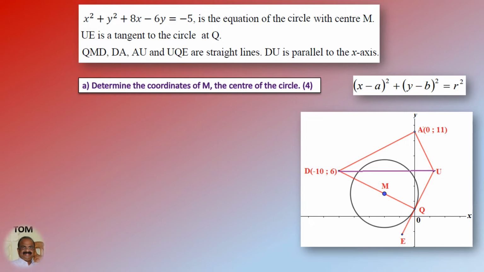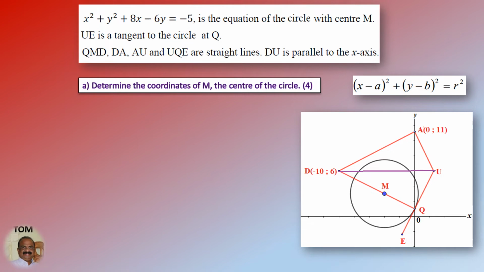Here we are going to use the method of completing the square. x square plus y square plus 8x minus 6y equal to minus 5. Now we rearrange the equation as x square plus 8x plus y square minus 6y equal to minus 5.